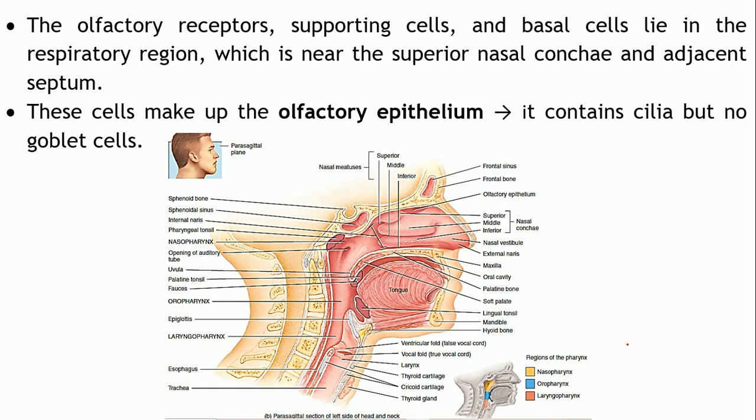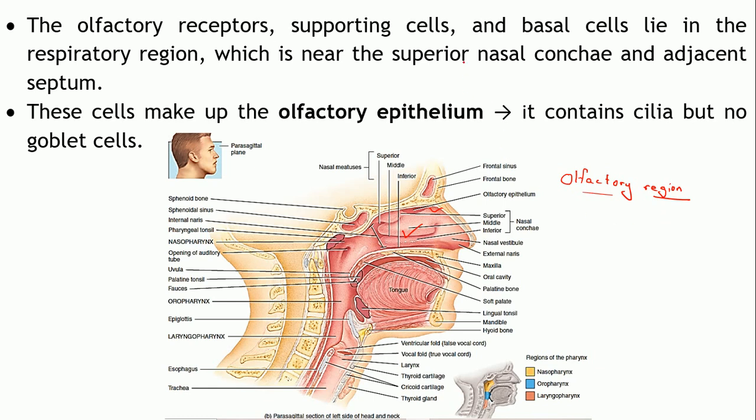Okay. Then, apart from this, the superior region comprises the olfactory region, right. The inferior portions comprise the respiratory region, which is lined by respiratory epithelium. Now, the superior portion comprises the olfactory region, okay.